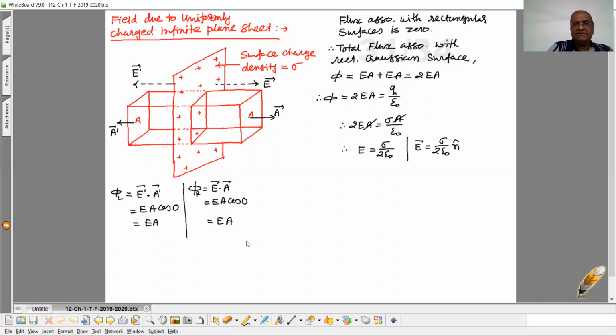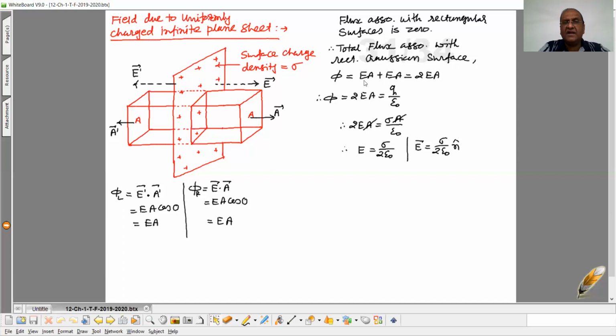It implies that the total flux associated with this rectangular parallelopiped Gaussian surface, phi, equals the flux associated with this left cross-sectional face, E A, plus that of this right side cross-sectional face, E A, and for the sides of this rectangular parallelopiped Gaussian surface, it is 0.